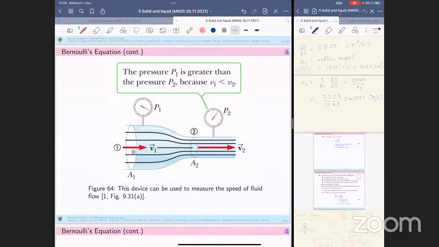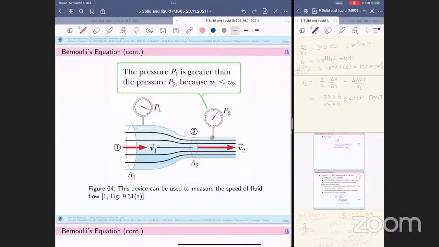What you could observe is, of course, there is a speed V1 flowing from the left-hand side to the right-hand side. This is the larger side of the pipe. And what you could observe is the higher pressure P1. The needle of the barometer is pointing in this direction.